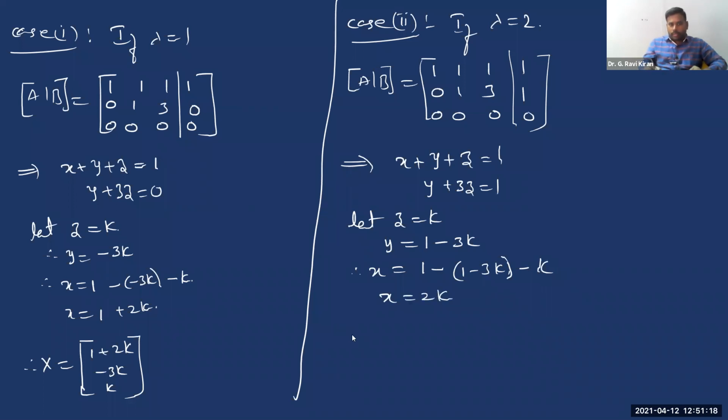Therefore, the solution in this case, capital X, is x is 2k, y is 1 minus 3k, and z is k. So like this, we can find the solutions of a system of equations. That's how we can find out the solutions of a system of equations.